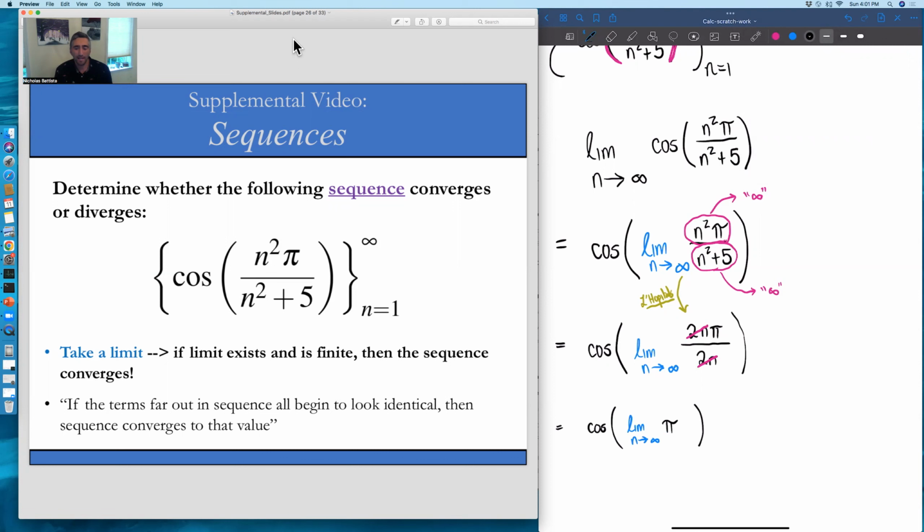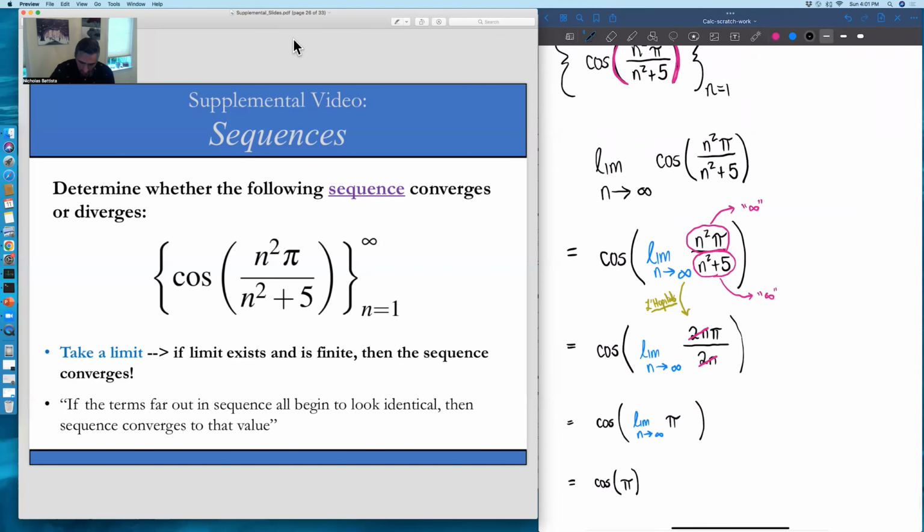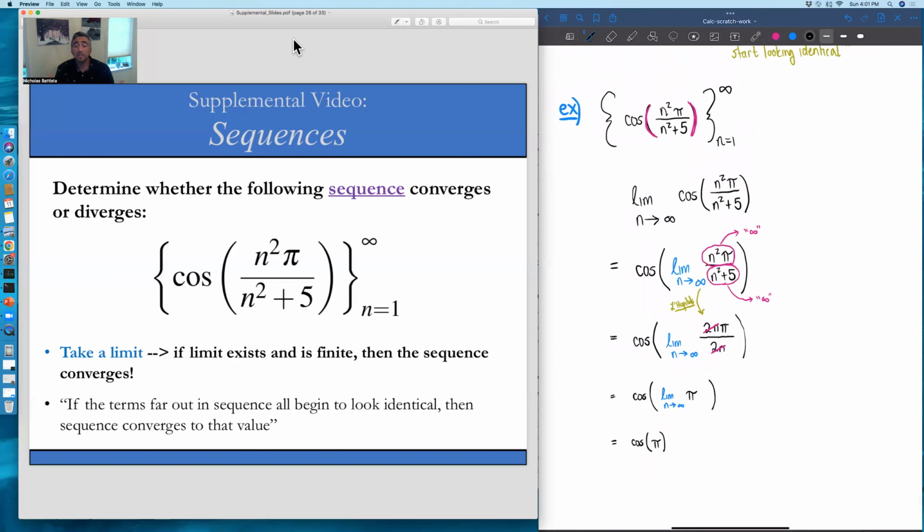Since pi by itself has no n dependence, the limit as n goes to infinity of pi is just equal to pi. So what this limit looks like as n goes to infinity is simply cosine of pi, which is a nice constant for us. It's equal to -1. So the terms really far out in the sequence all begin looking like -1 the further and further we go. So we would say that the sequence converges to -1.